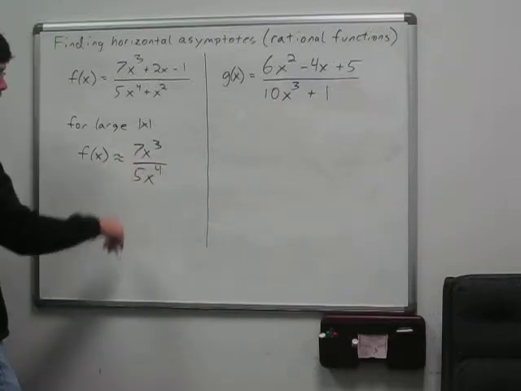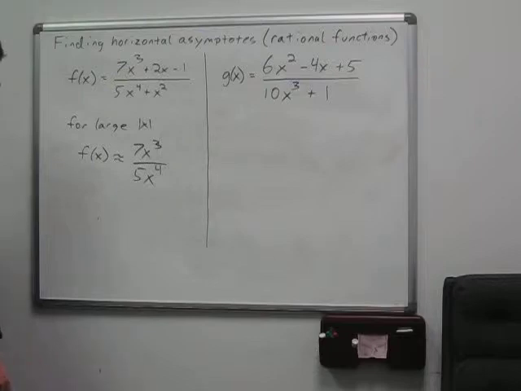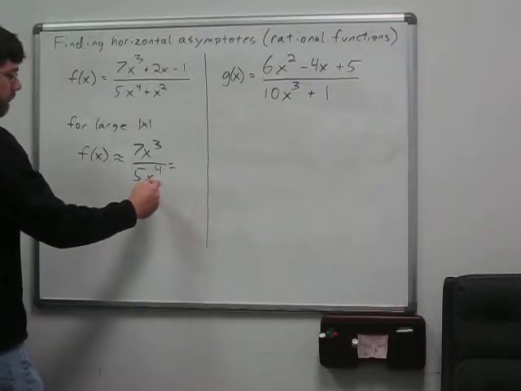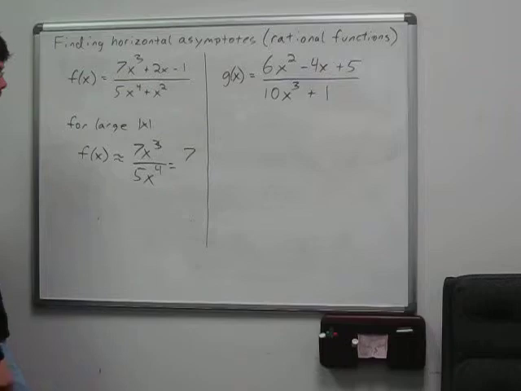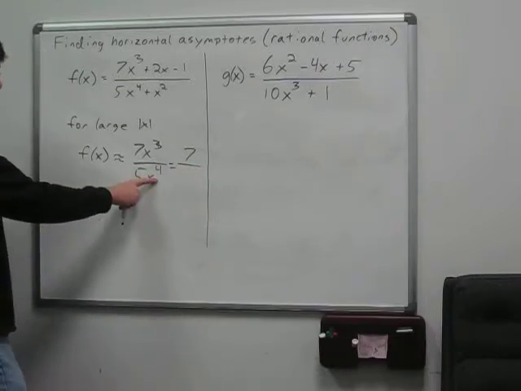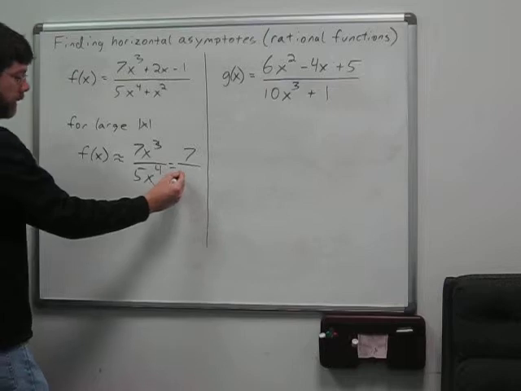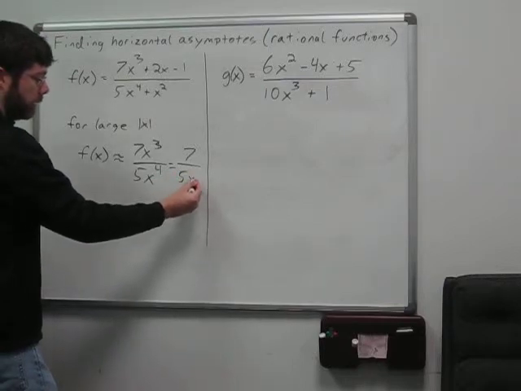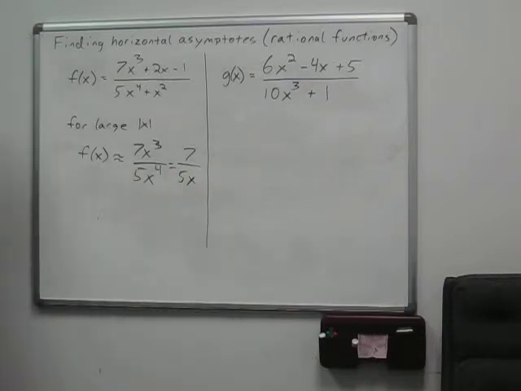Now, when we cancel the x factors, the numerator is just going to be 7, but since the degree of the denominator is larger, since the power of x in the denominator is larger, we are going to be left with x to some power in the denominator, in this case an x to the first.